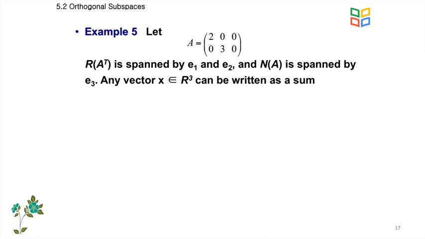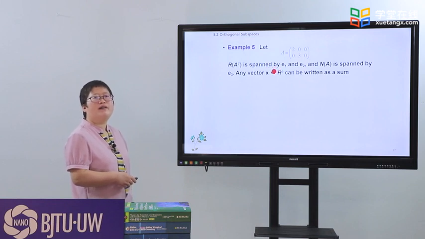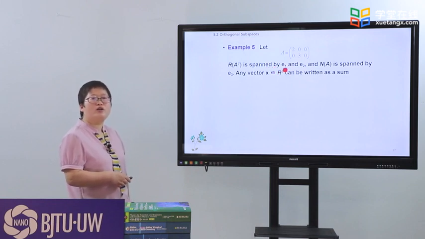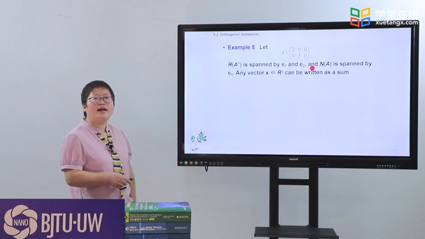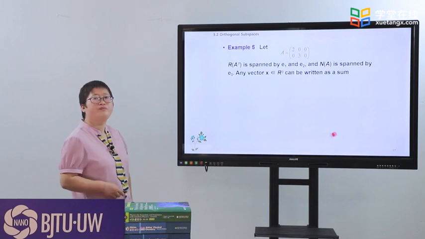You can know that R(A transpose), the column space of A transpose, which is essentially equivalent to the row space of A, is spanned by e1 and e2.